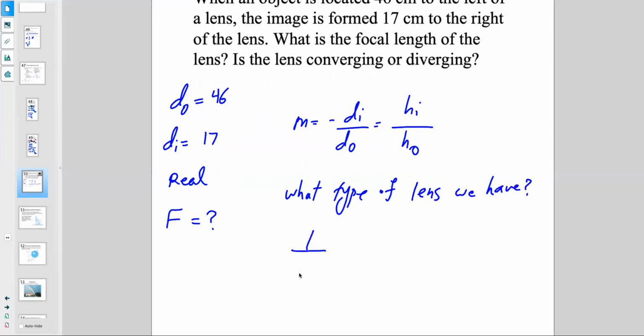And then the formula is 1 over di plus 1 over do is 1 over f, but remember, pay attention to your signs, okay? So I'm going to leave this to you. If you have any questions, I'll help you how to solve it. But go ahead and work on that. If you have any questions, let me know.